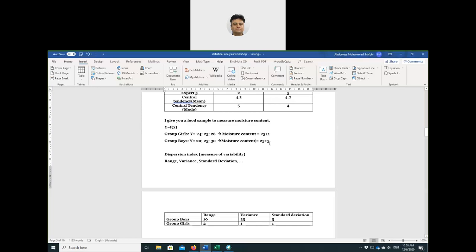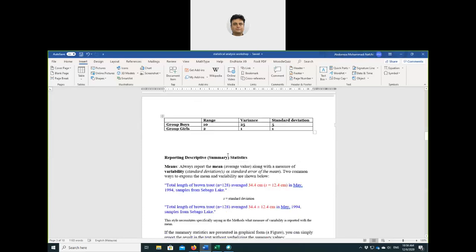If the dispersion index increases, it means that the accuracy of the measurement is low, and it should be as low as possible. At the end of the course I will show you one rule of thumb. If it's low, it means that the measurement is accurate and your data is more accurate. Now we have 25 plus minus 5 and 25 plus minus 1.